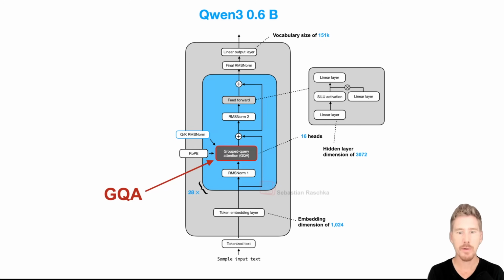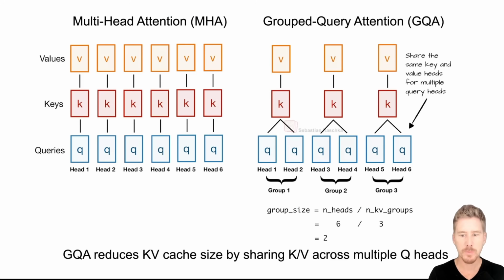Grouped query attention is essentially replacing the multi-head attention module in an LLM. It sits inside the transformer block, and the transformer block is repeated a number of times. Here I'm just choosing Qwen 3 because it's such a popular model. What grouped query attention does, and how it differs from regular multi-head attention, is it defines these query groups.